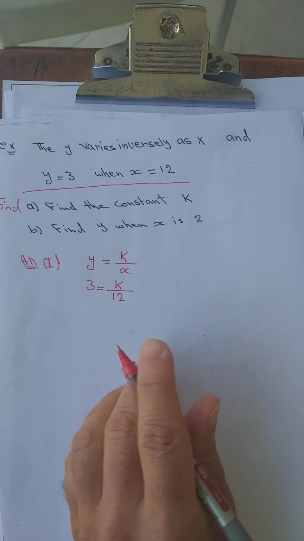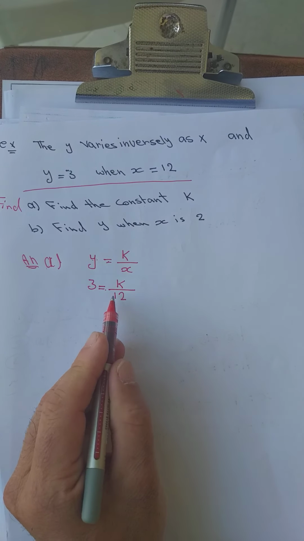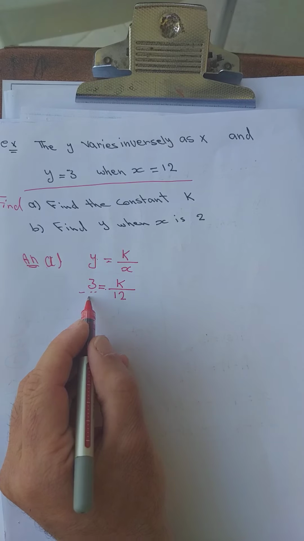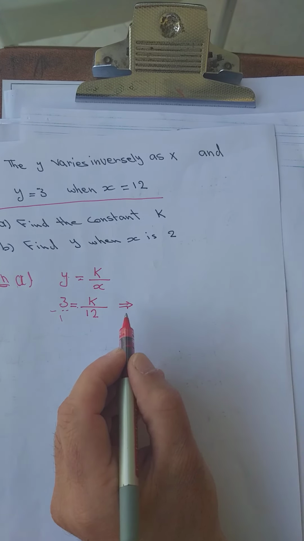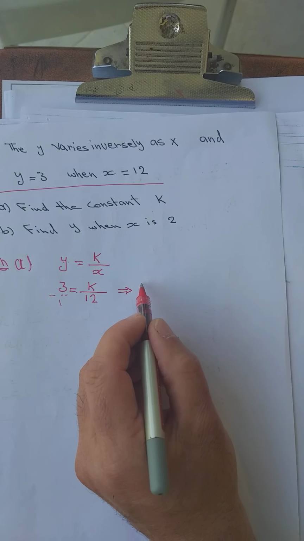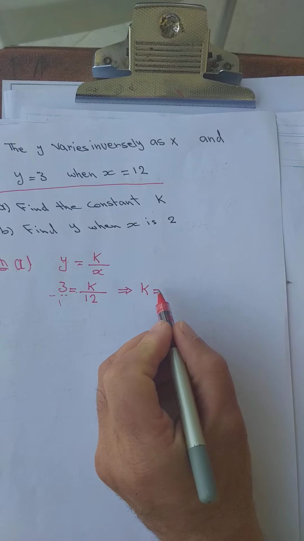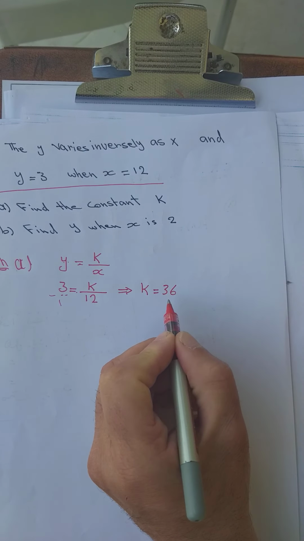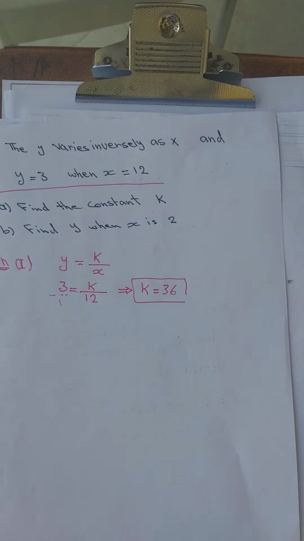Now, from this one we can find the value of k. How? By cross multiplication. k equals 3 times 12, 36. Now we have the value of k.